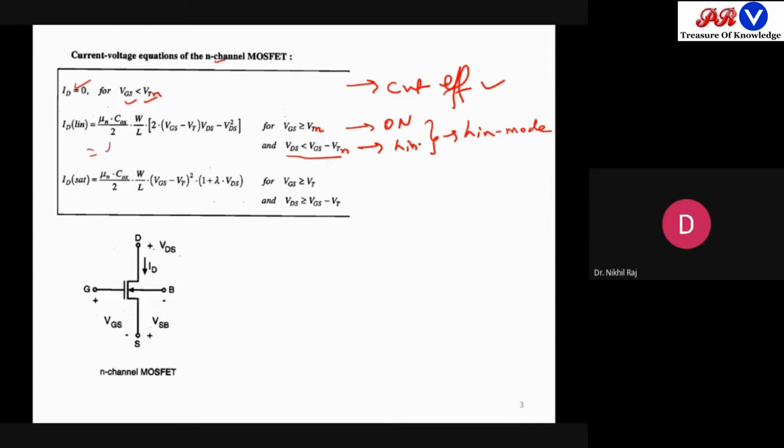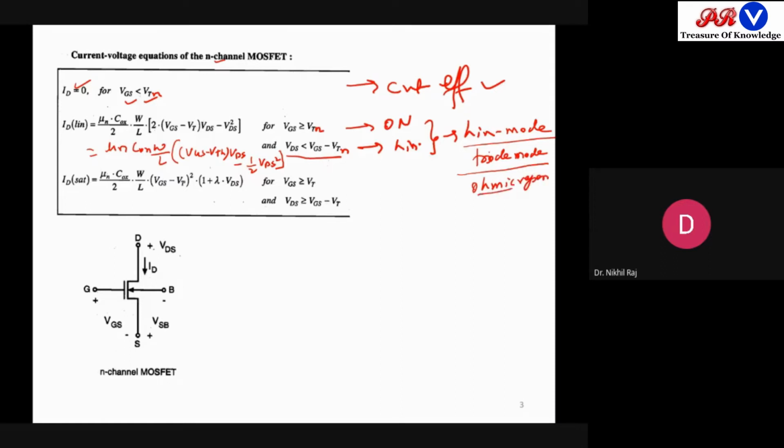This can also be written as mu n Cox W by L in the bracket VGS minus VTH into VDS minus half VDS square, which we have seen in the derivation part. These are the same. This is for the linear mode, which is sometimes also called triode mode or the ohmic region.